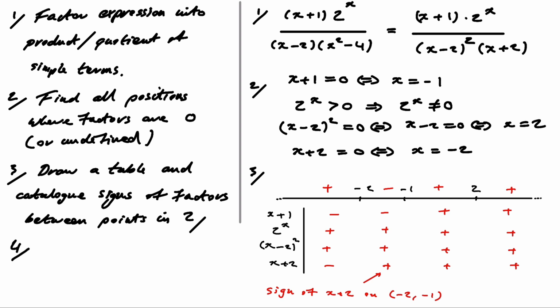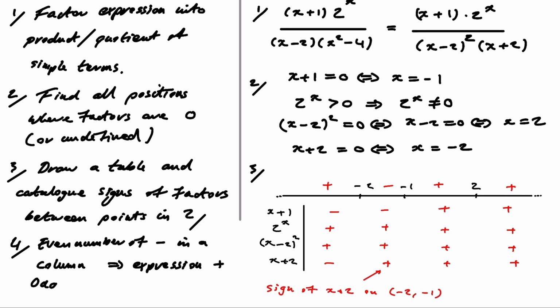So the fourth step is exactly as I've described: an even number of negatives in a column implies the expression is positive, because an even number of negatives multiplied or divided, doesn't matter, is always positive.